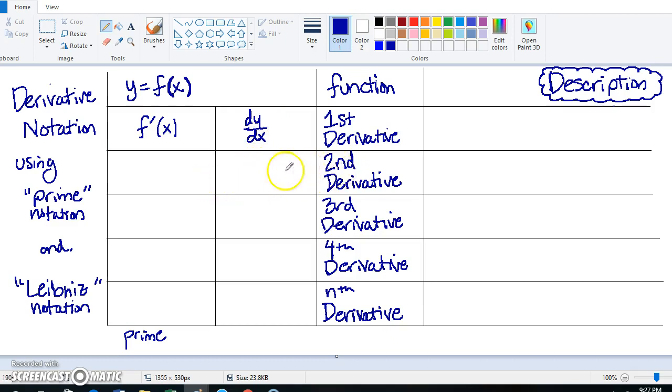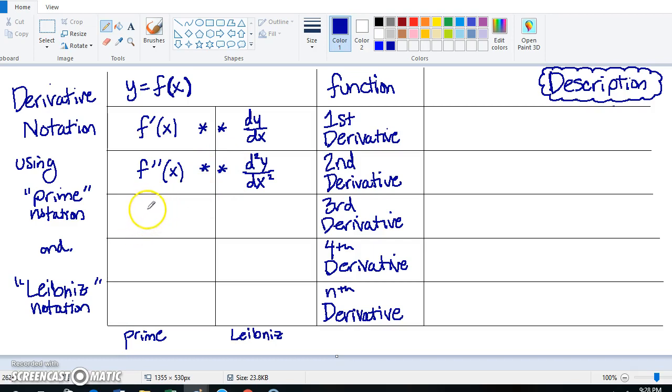If I want to talk about the second derivative using prime notation, I'll say f double prime of x. And in Leibniz notation, we'll say d squared y dx squared. This notation will look a little confusing until we get used to it, but for the most part, we'll be looking at first derivatives and eventually second derivatives.